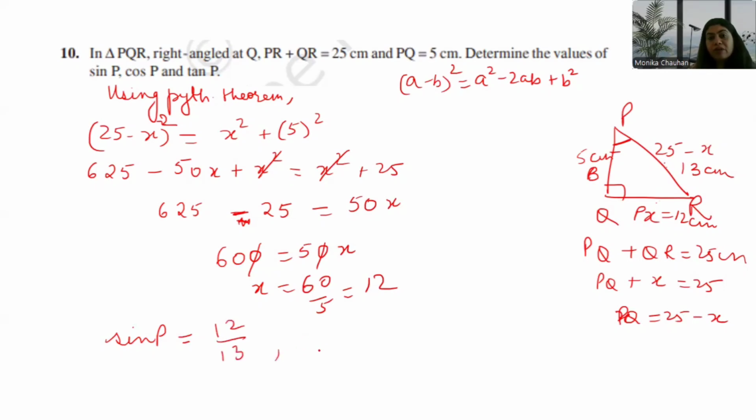Then we have cos P. Cos P is base upon hypotenuse. Base is my 5 and hypotenuse is 13. And tan P. Tan P is perpendicular upon base because all my angles are around this P only. So perpendicular is 12 and my base is 5. So this is my answer.